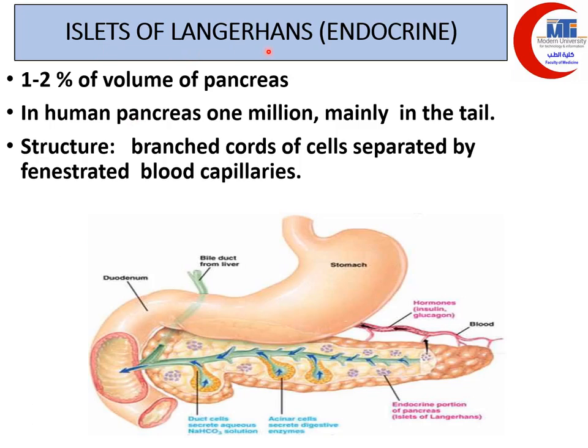The islets of Langerhans, which are the endocrine part of the pancreas, form about 1 to 2% of the volume of the pancreas. In the human pancreas, the islets of Langerhans number about 1 million, mainly in the tail region of the pancreas.